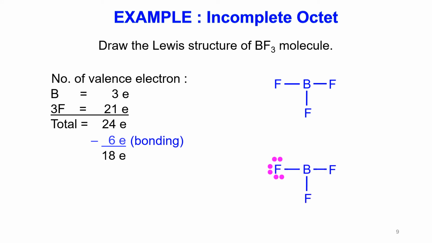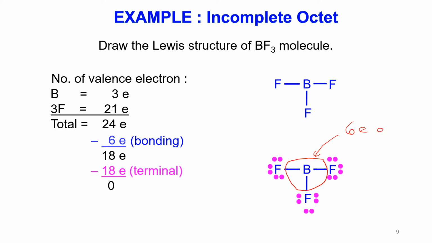So for fluorine, we put another 6 electrons at each fluorine. So now we have 18 at the terminal. And then there are no more electrons. No more electrons means we can see that boron has 6 electrons at the center.